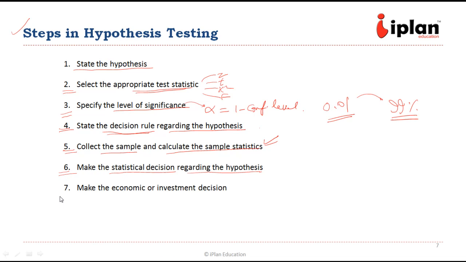And finally, after the statistical decision making, the last step is making the economic or investment decision based on the statistical decision. It is always related, but it is not certain whether the statistical decision is translating into an economic or investment decision. So certain other inputs are involved here in the last step.